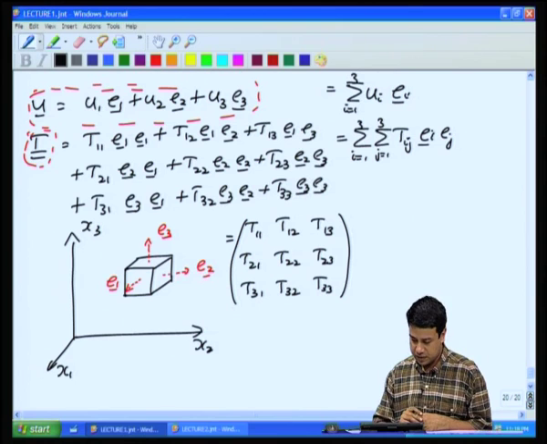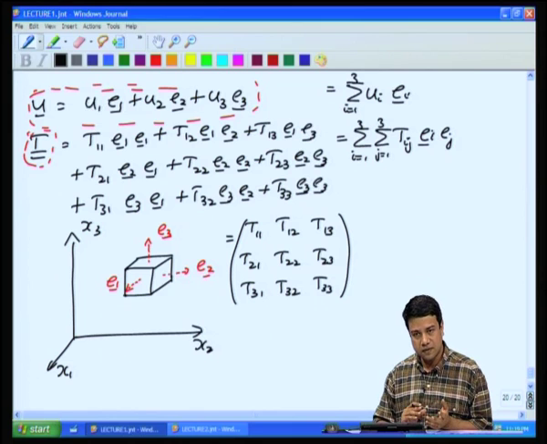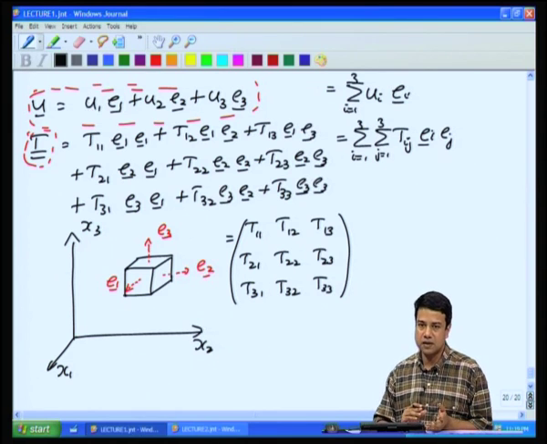Of course, you can have tensors with more fundamental directions. Velocity has one fundamental direction, it is a first order tensor. Temperature field has 0 directions, it is a scalar, so it is a 0th order tensor. The stress has 2 directions, it is a second order tensor. You could in general have tensors with 3 fundamental directions, third order, fourth order, fifth order, and so on.